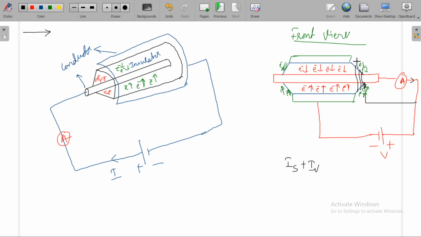Now what will happen is, electrons which are flowing on the surface of this insulating material, after reaching halfway, will find a low resistance path and flow through this conductor.